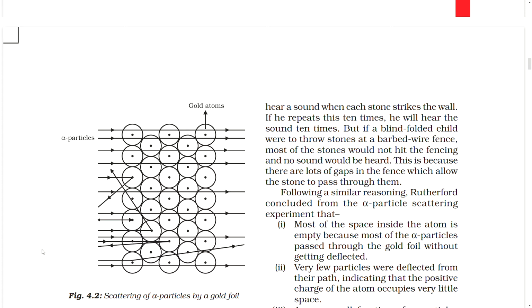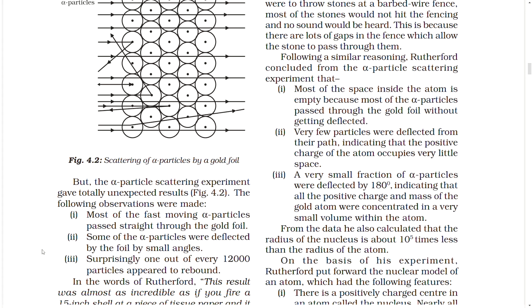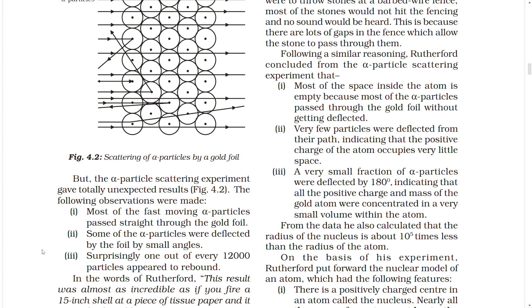Following a similar reasoning, Rutherford concluded from the alpha particle scattering experiment that 1. Most of the space inside the atom is empty because most of the alpha particles pass through the gold foil without getting deflected. 2. Very few particles were deflected from their path, indicating that the positive charge of the atom occupies very little space. 3.